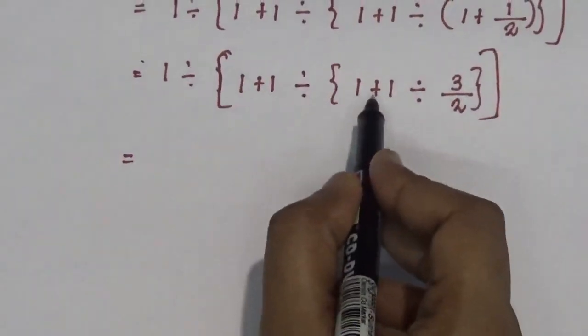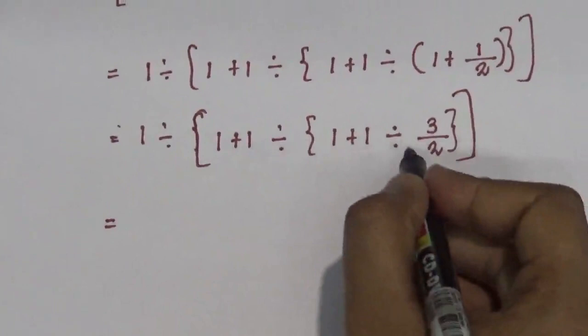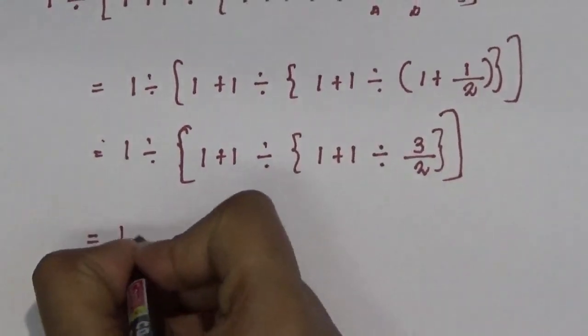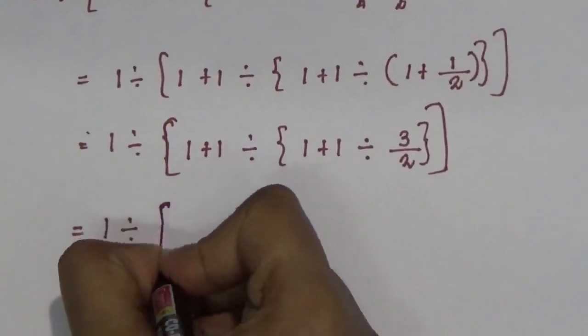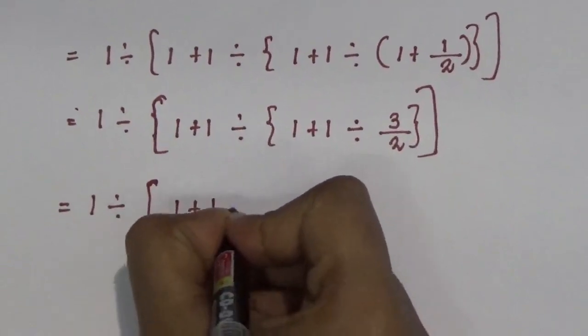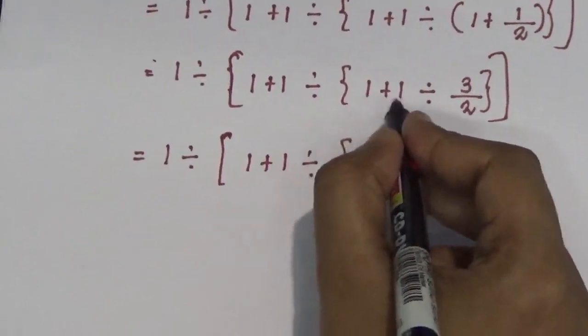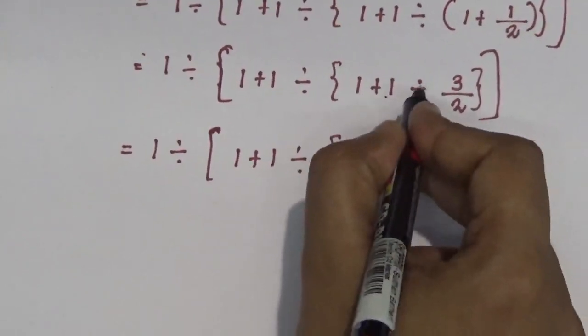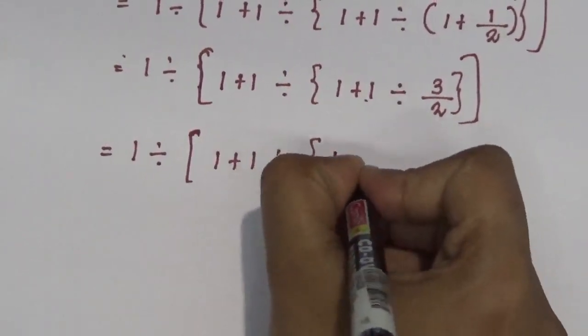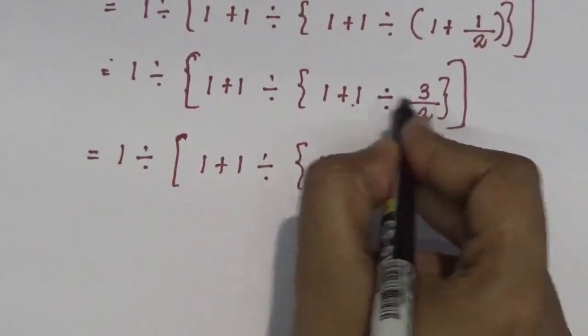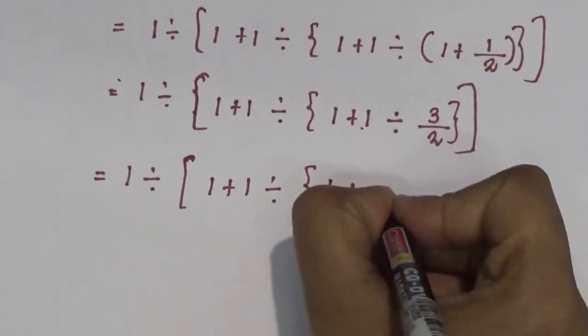Here there are two operations, so let's do one operation first. So 1 divided by square bracket, 1 plus 1 divided by, again we put the bracket, and that is 1 plus 1 divided by 3 by 2. We do the division first.